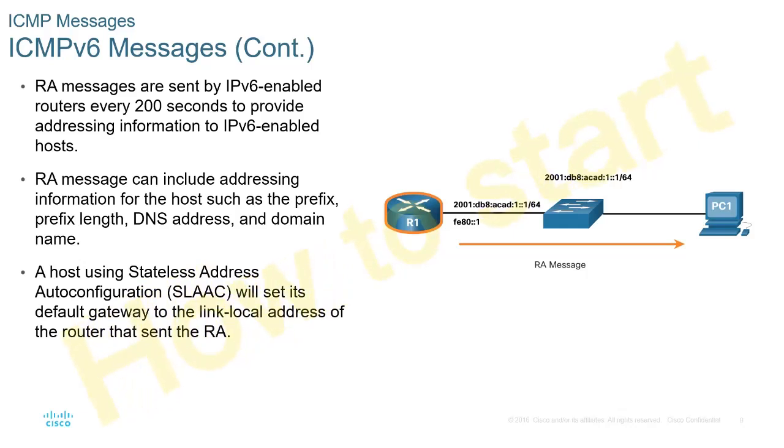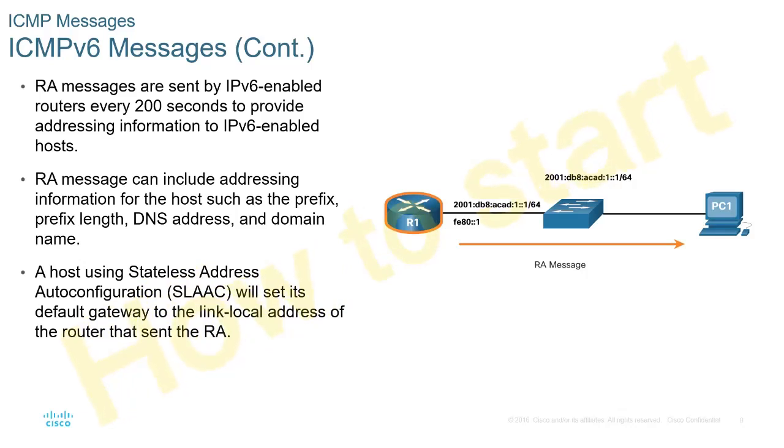Router advertisements are sent to any IPv6 enabled device, and this is typically done every 200 seconds. This provides the addressing information. So hosts don't even have to send a solicitation message unless they want to receive the update quicker than the 200 second default.